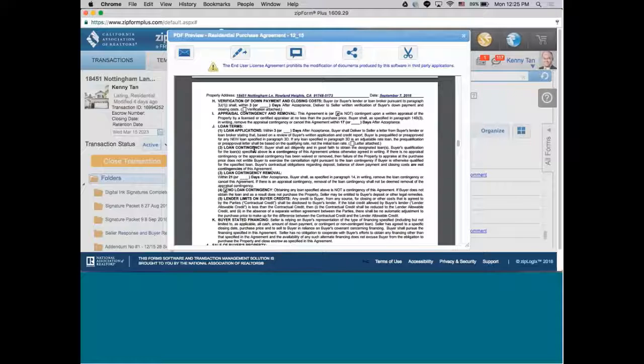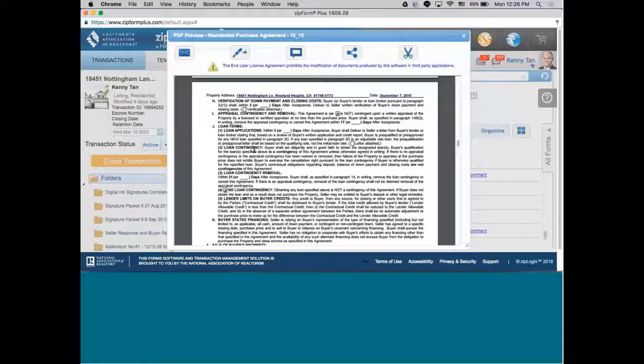Well, to make my offer more attractive, if I can avoid checking that box, if I can select not contingent upon appraisal, it definitely behooves me to check that box that says it's not contingent. Well, how do I decide if I check it or don't check it?